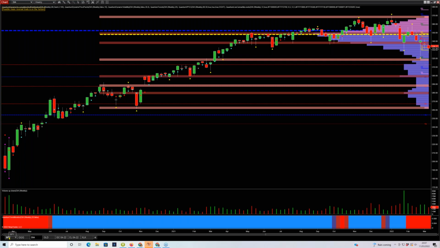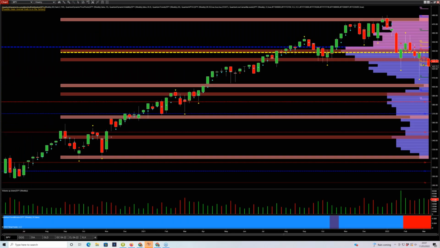Just very quickly, back on the SPY, again, the S3 has come into play. The S4 is down here, which was the low of not last week, but the previous week. So it's where the price action is currently trading in relation to the volume point of control.